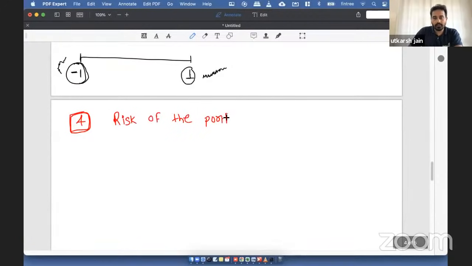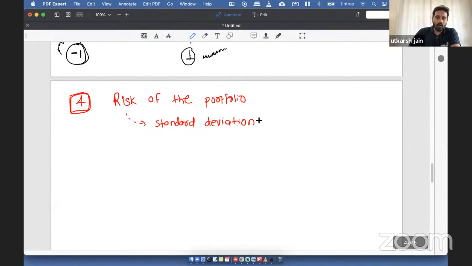How do you calculate risk of the portfolio? And risk in today's session is synonymous with what? Risk is synonymous with standard deviation. So how do you calculate the sigma of the portfolio?